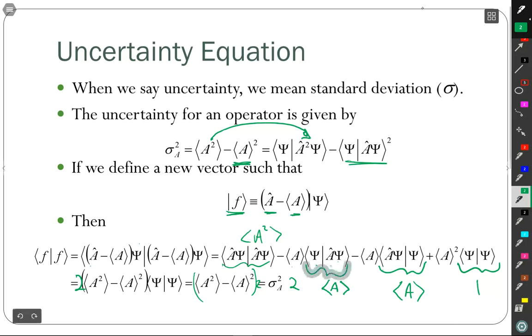So does that ring true? Yes. Okay, chat says yes. Aaron is still thinking about it. Okay, well, so you understand where these terms came from right here, right?